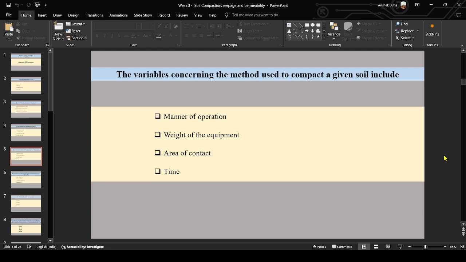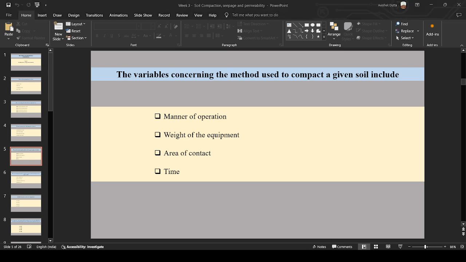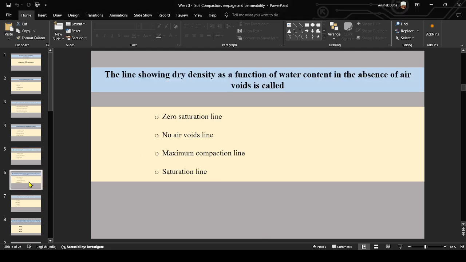I'll repeat the question. The variables concerning the method used to compact a given soil include manner of operation, weight of the equipment, area of contact, time. Next question.